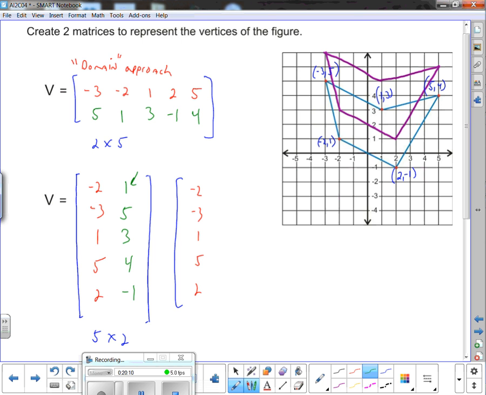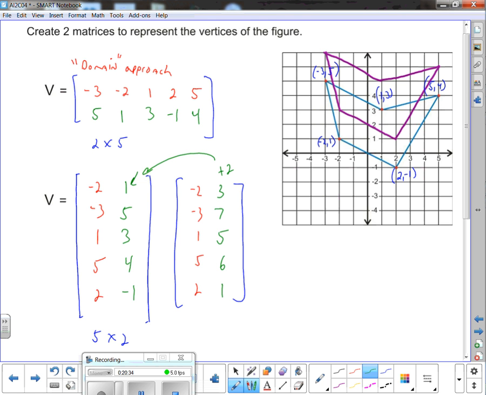Every y coordinate is 2 more. So the 1 becomes a 3. The 5 becomes a 7. The 3 becomes a 5. The 4 becomes a 6. And the -1 becomes a 1. Whoa. See, this whole column is +2 from the original column. And we translated the object up 2.